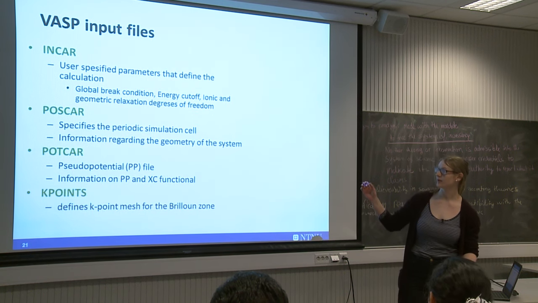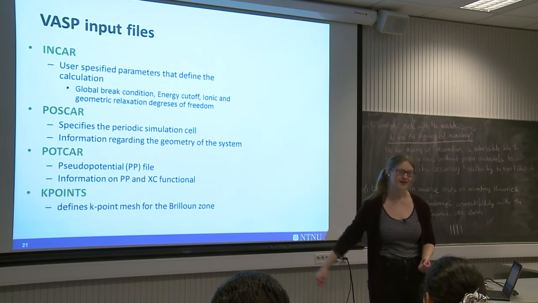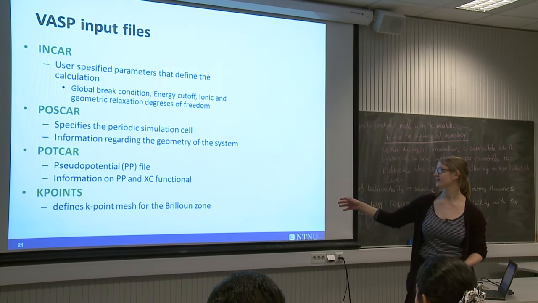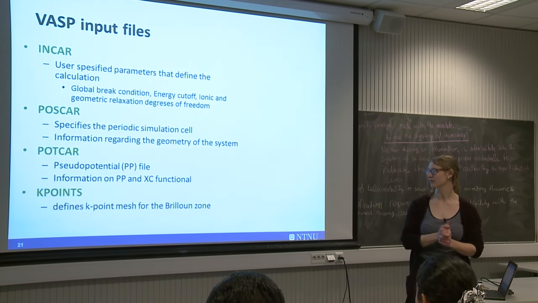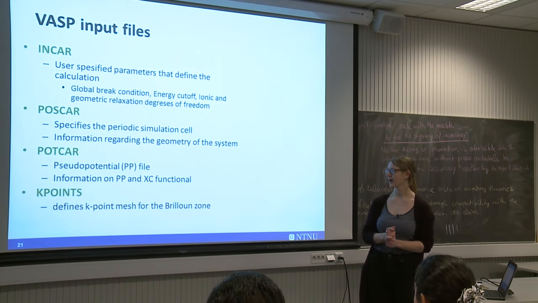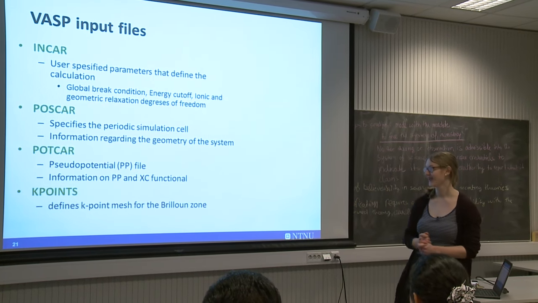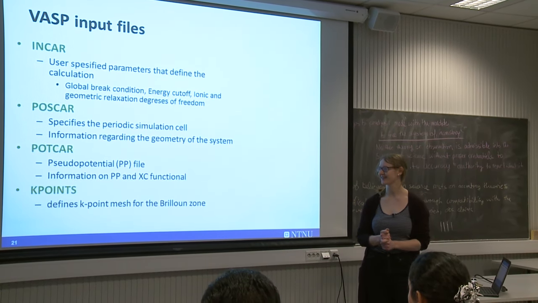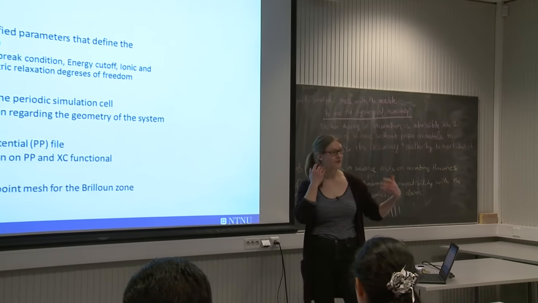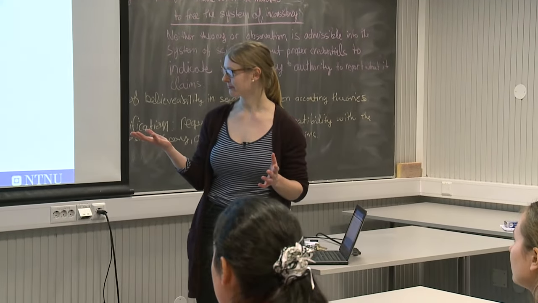And then you have the POSCAR, the position file. It's where you define your periodic simulation cell, and it contains basically information regarding the geometry of the system. Then you have your POTCAR, the potential file, which includes the pseudopotentials. This is something provided by VASP, so it's a big library.